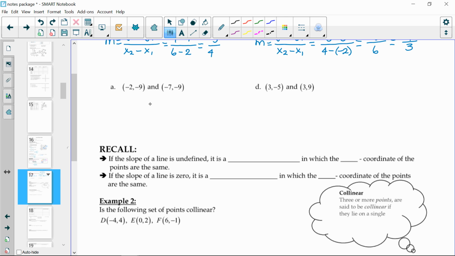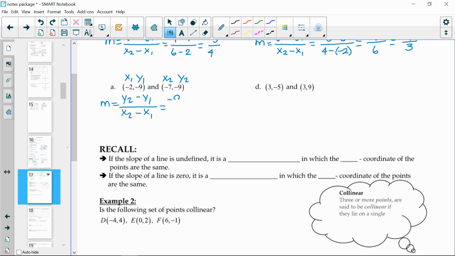Next, I've got x1, y1, x2, y2. So y2 take away y1 over x2 take away x1. Okay, so let's see what this one's going to look like.